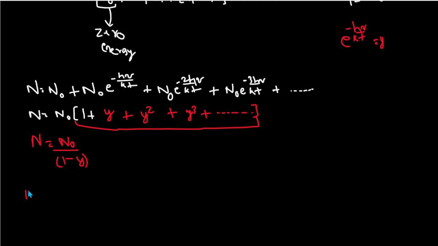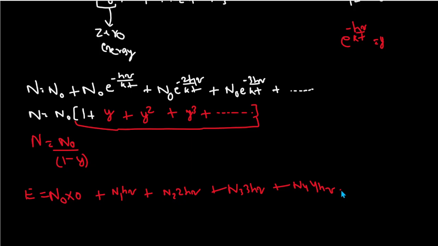The total energy is equal to: there are n naught particles having zero energy, plus n1 particles having h mu energy, n2 particles having 2h mu energy, n3 particles having 3h mu energy, n4 particles having 4h mu energy, and so on.